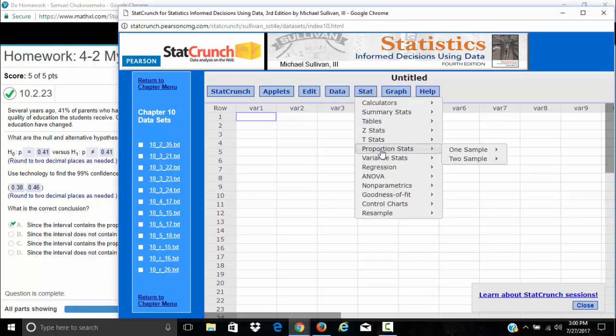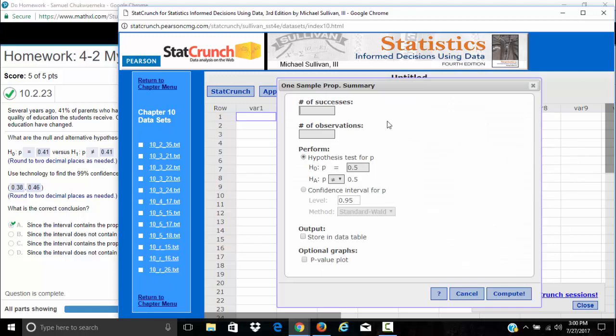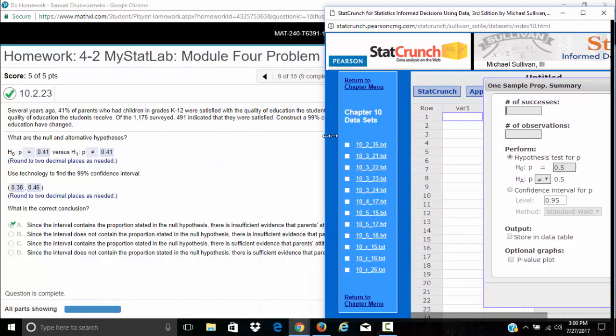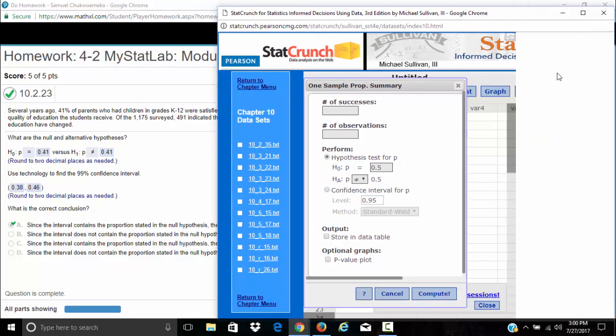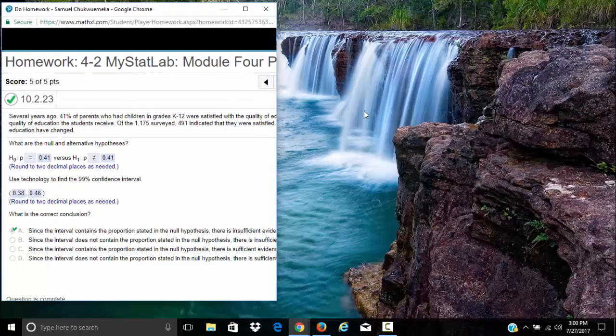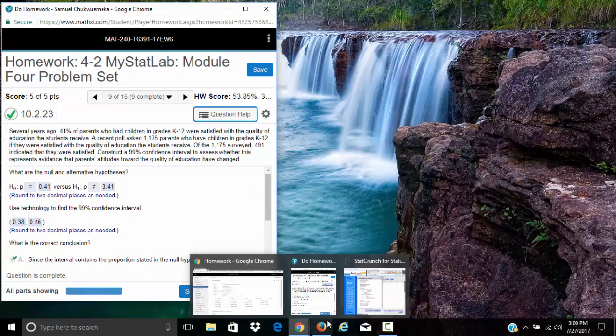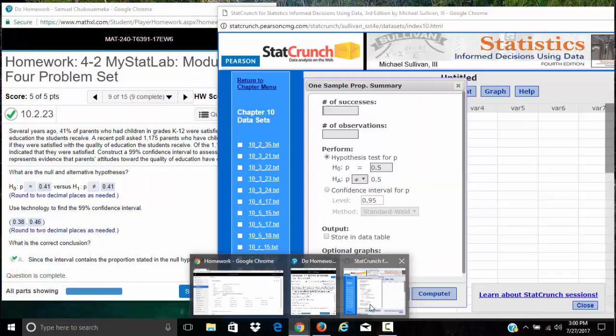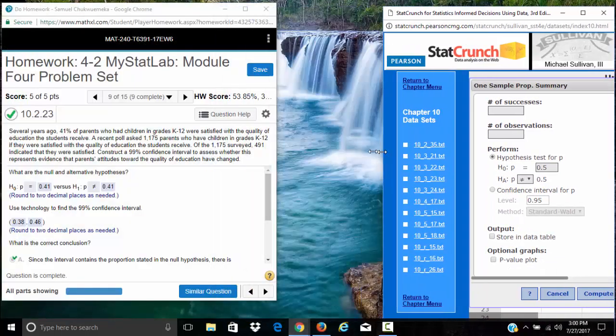You're looking at proportion stats, one sample with summary. Okay, it's still one sample with summary.